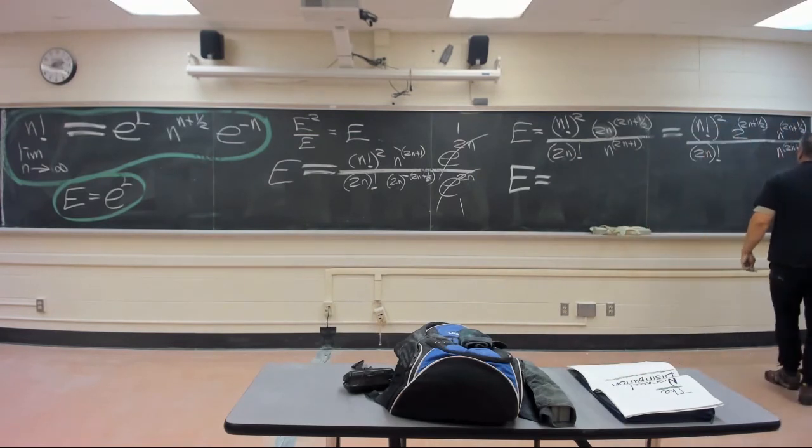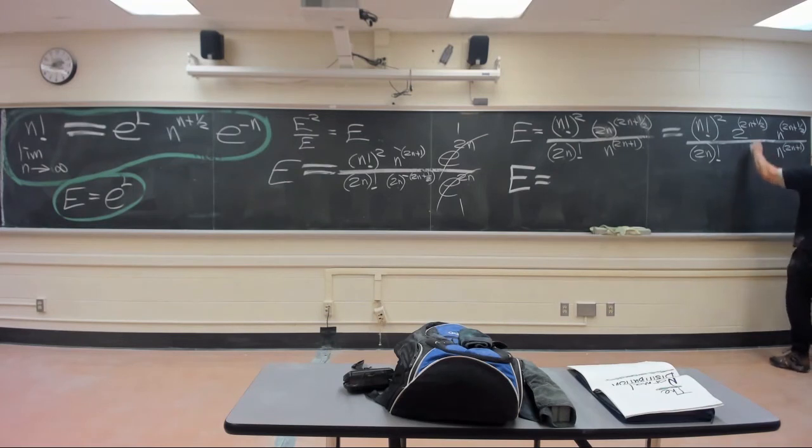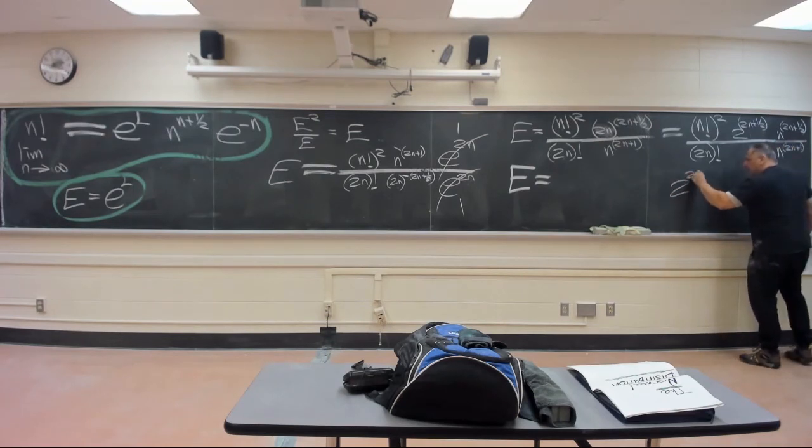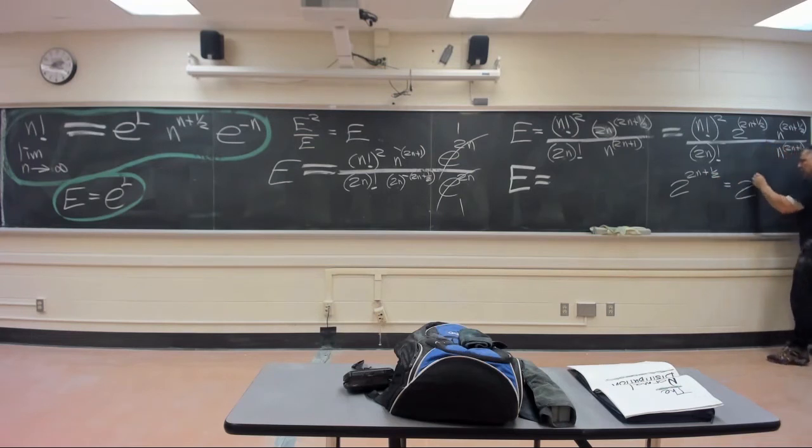Tell you what, let's kind of make it a little easier. This guy right here, 2 to the 2n plus a half is equal to 2 to the 2n times 2 to the half. That's equal to, well, you're looking at it. It's 2 to the 2n times the square root of 2.